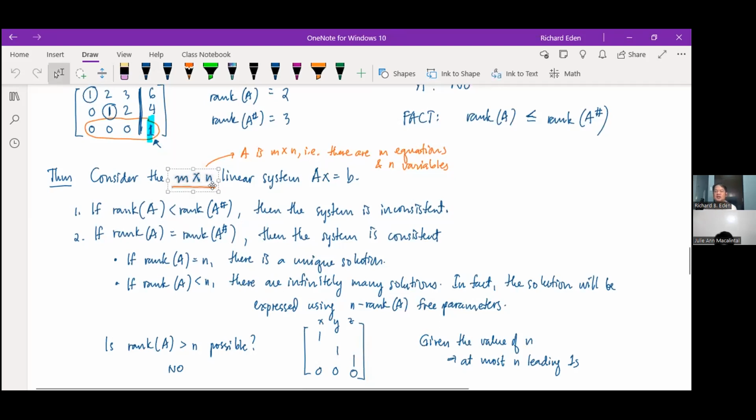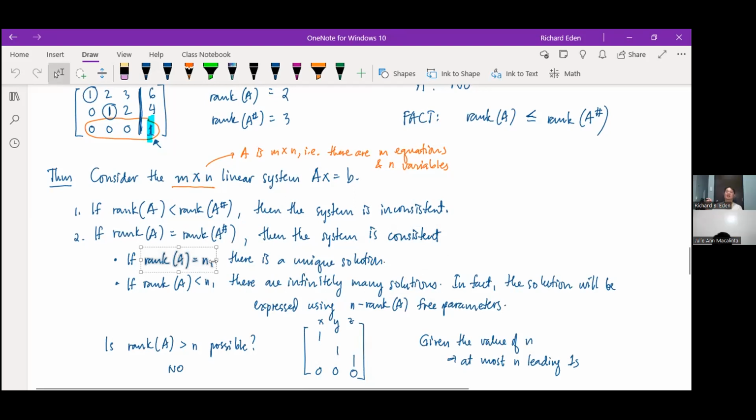However, because we're talking about the consequences of a matrix being square and invertible, when we want to include in the discussion the coefficient matrix A being invertible, ibig sabihin, A has to be a square matrix, and therefore m and n must be equal to each other. Okay? But then when are we going to have a unique solution? That's going to happen when the rank of A is equal to n.